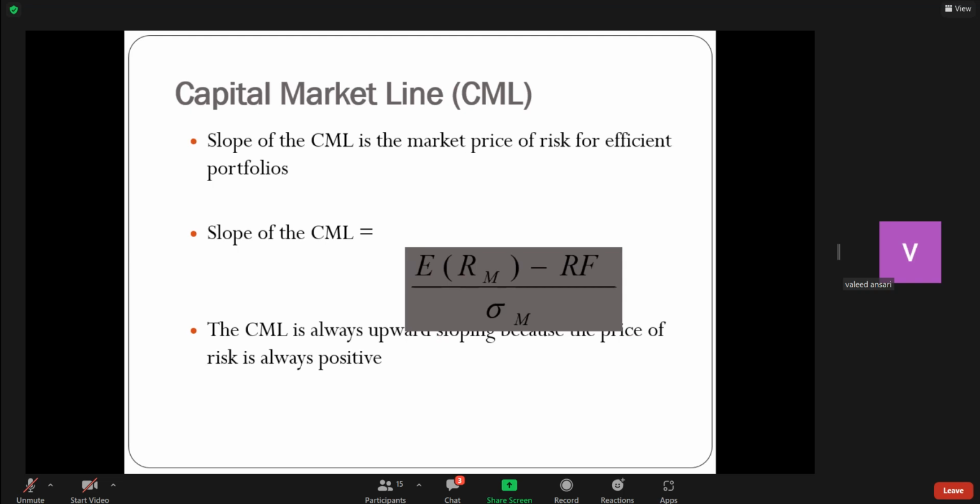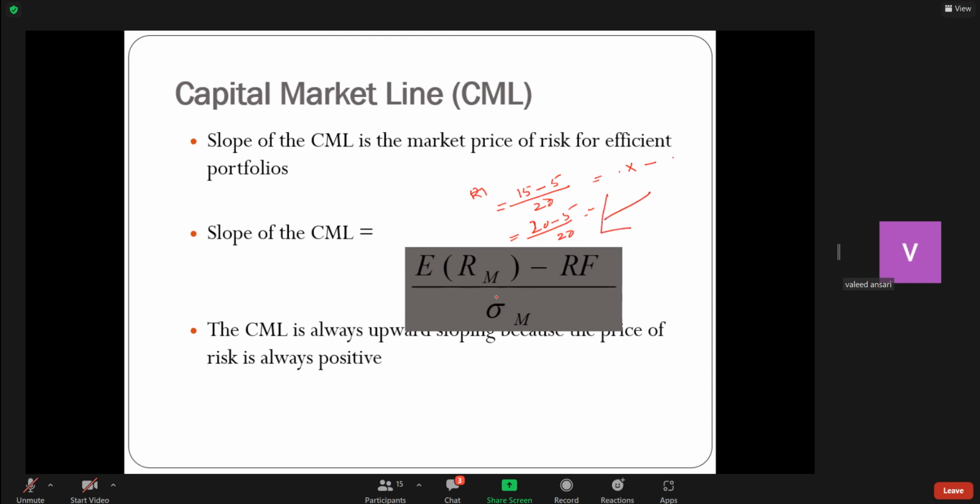So, the slope of the line is RM minus RF divided by the market risk. For example, let us say the market return is 15% and the risk-free rate is this. So this will be the price per unit of risk, which is then multiplied by the amount of risk of a particular portfolio. Now, other things constant, if the return of the market goes up and the variability remains the same, the slope will become steeper.